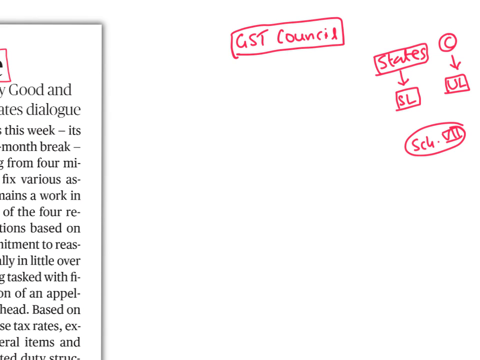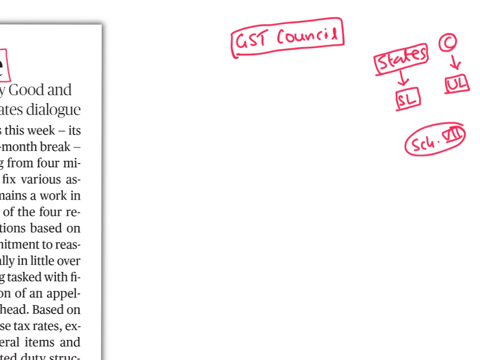Once this came into picture, all the items have been categorized into two categories: GST items and non-GST items. Now let's talk about the GST Council and how the GST tax system came into effect. We discussed the concept, now we look at how it came into effect.